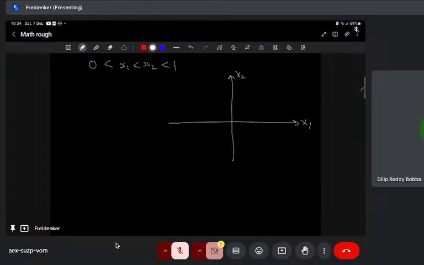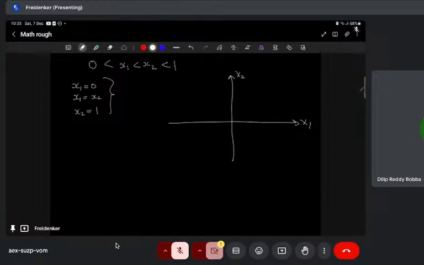Now, what you do is just take the inequality and consider it to be an equality. So, what do I mean? Just draw where x1 is equal to 0, where x1 is equal to x2, and where x2 is equal to 1. Just draw these three lines, and then we'll see what to do about it.